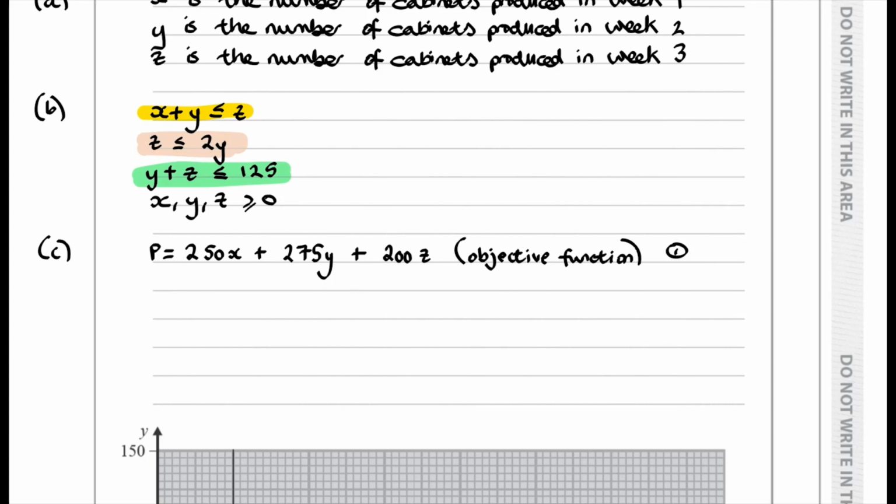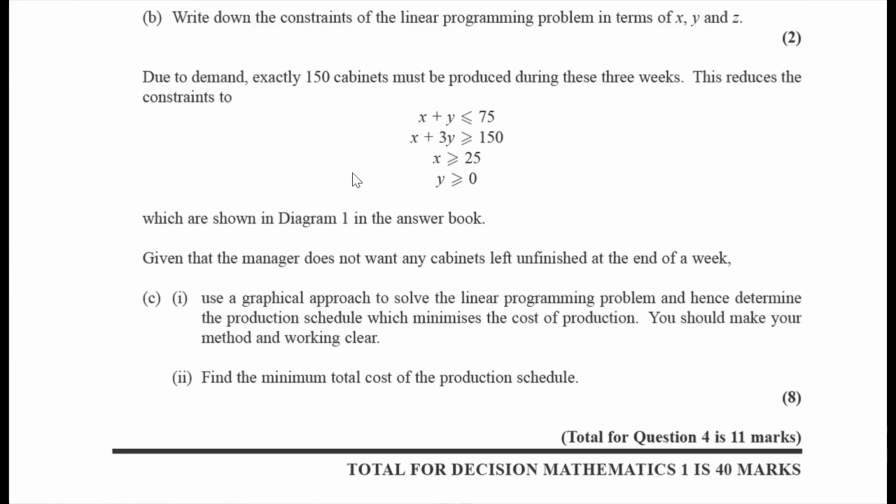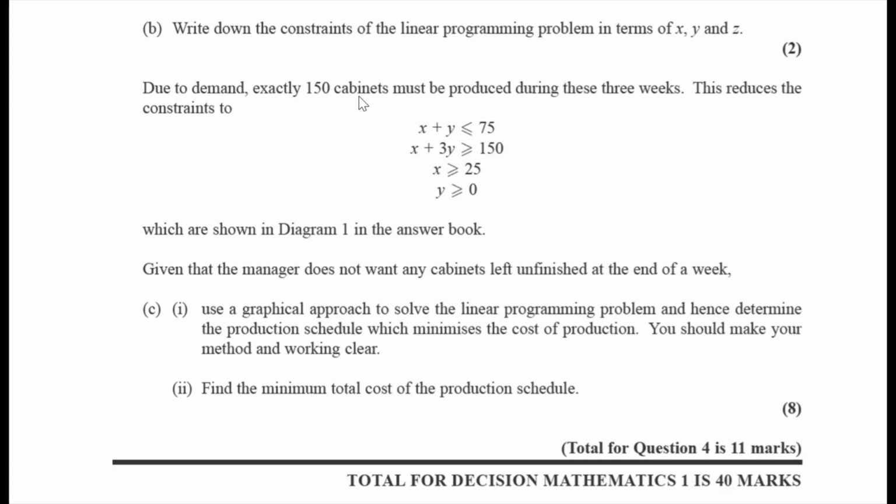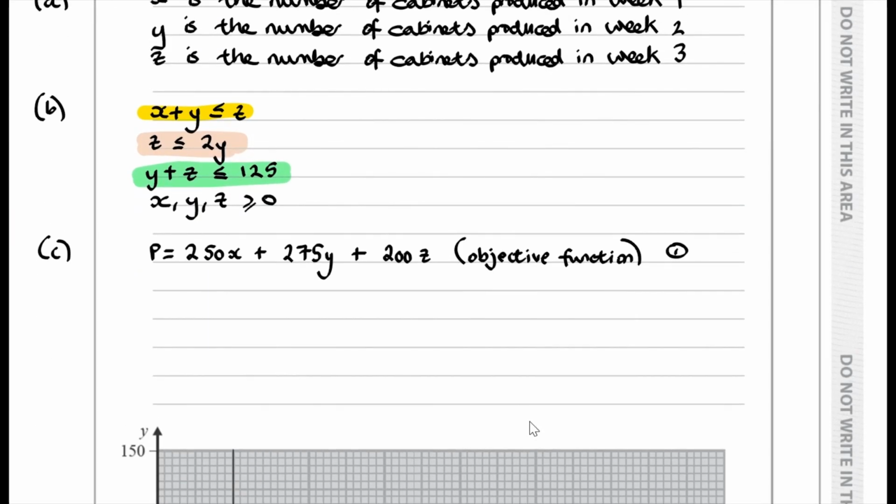And we were also told from here that exactly 150 cabinets must be produced during these 3 weeks. So what does that mean? If I just highlight that, that means that x plus y plus z is equal to 150. So we have x plus y plus z equals 150.